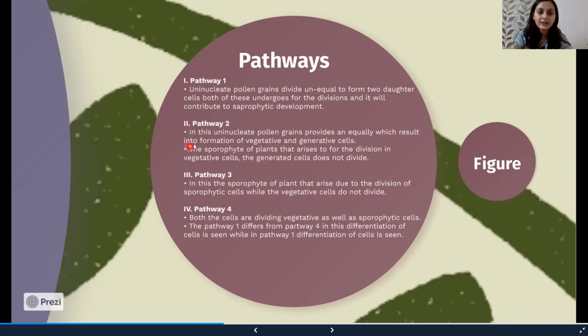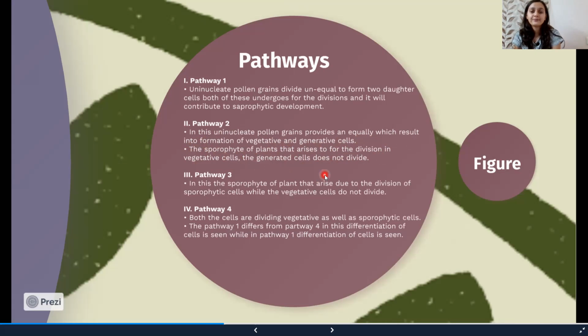In the second pathway, the uninucleate pollen grain divides equally, which results in the formation of a vegetative and a generative cell. The sporophyte of the plant arises from division of the vegetative cell, and the generative cell does not divide.